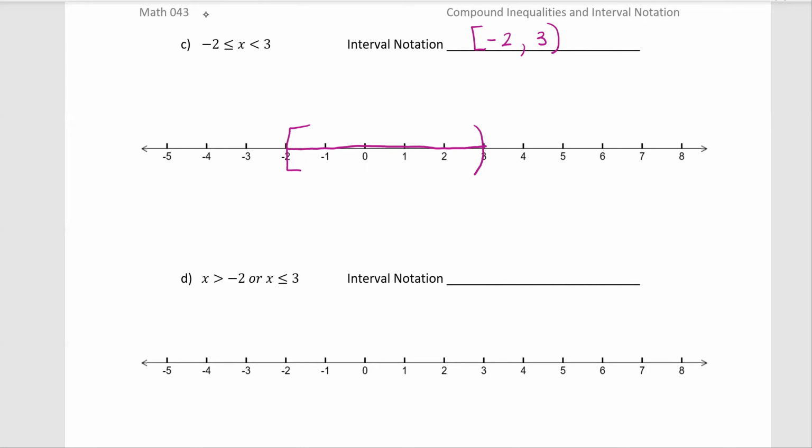Letter D, x is greater than -2, or x is less than or equal to 3.